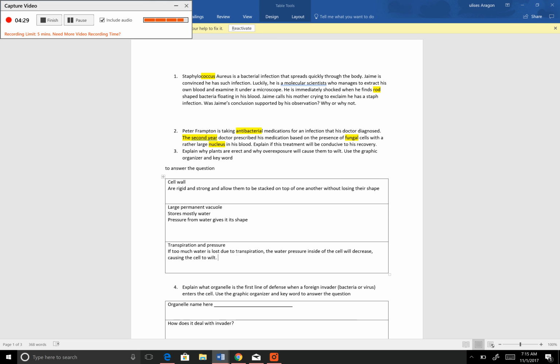Now, wilt is a vocabulary word that means that it just basically loses its shape. Instead of having a tall, erect plant, it kind of flops over. So that's what wilt means. So if you lose the pressure, what happens is you lose the shape of that plant, and then it causes it to wilt. All right.